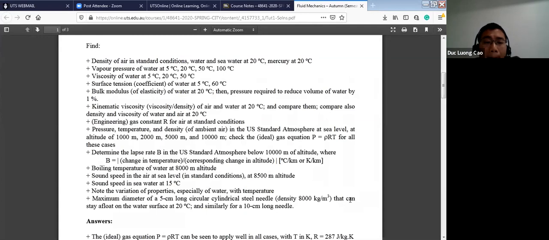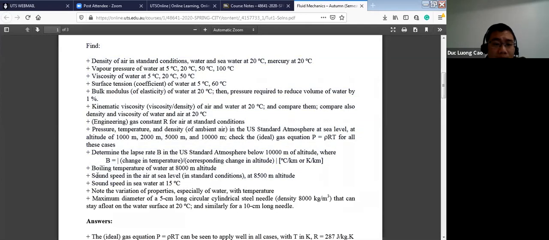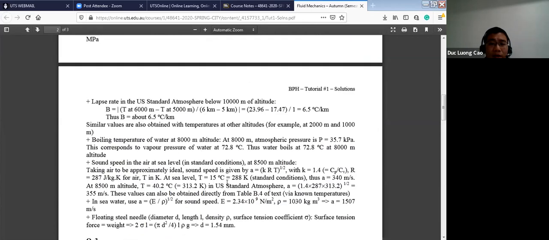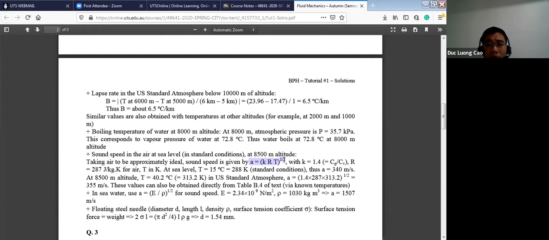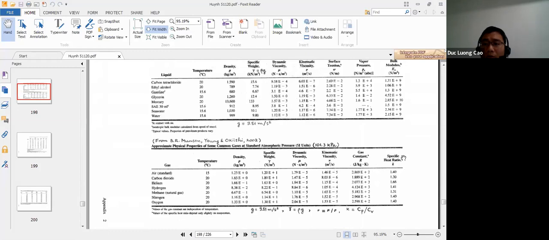Any questions? No, that's it. Thank you. So next one is sound speed: sound speed in the air and sound speed in the seawater. For sound speed in the air, I think you have the equation already: a equals (kRT) to the power 1/2, with T temperature, R the gas constant from this table, and k the specific heat ratio.